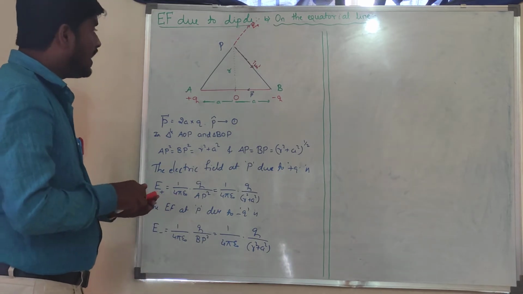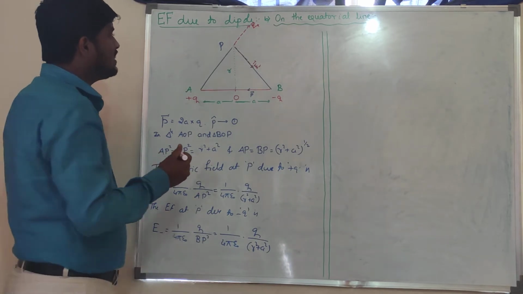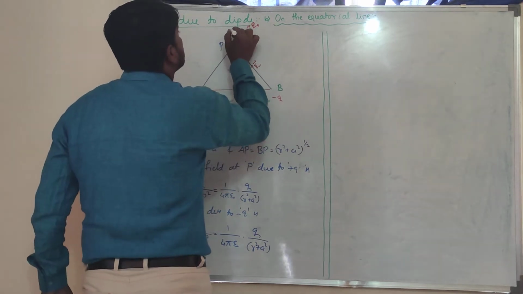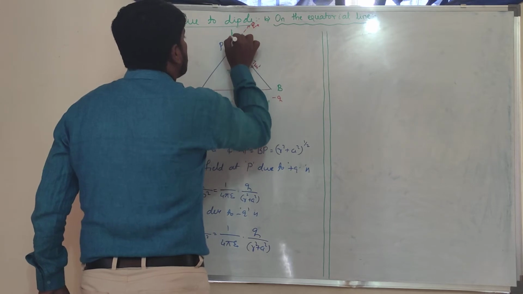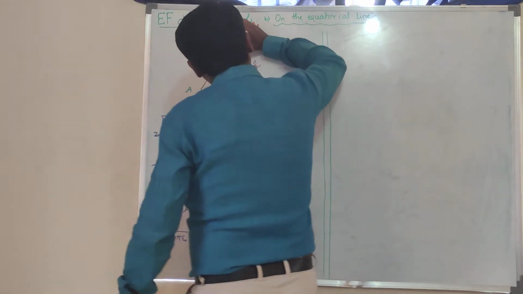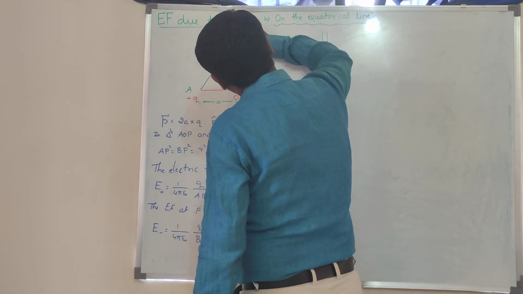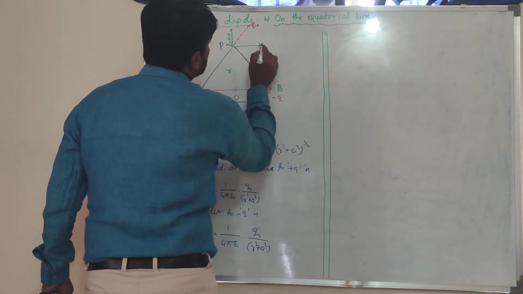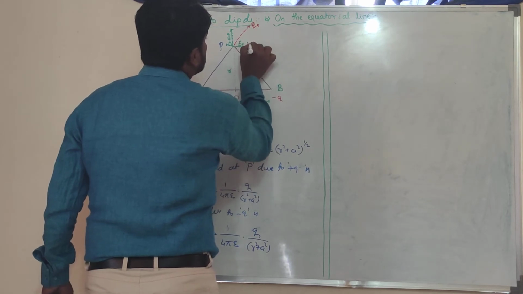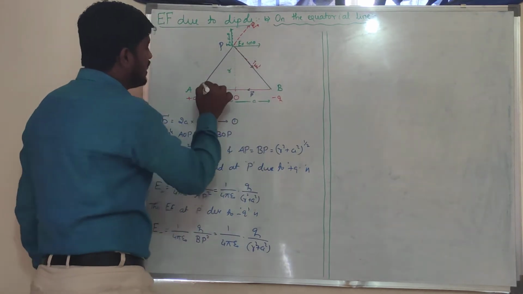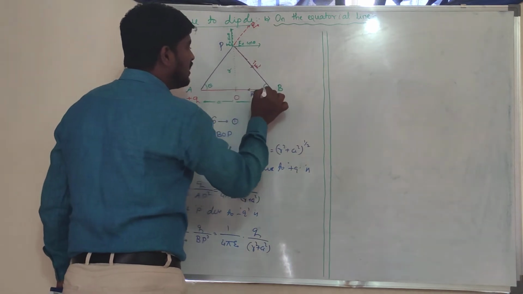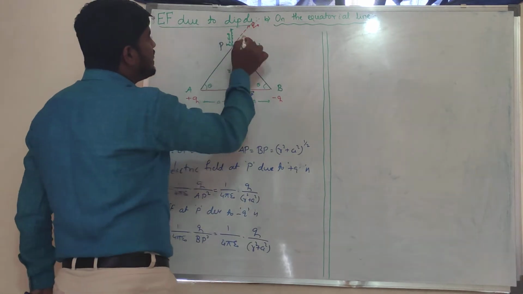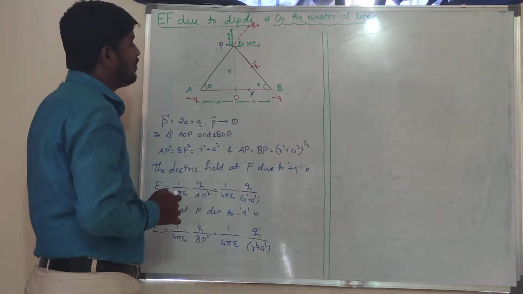Suppose I resolve E plus into its respective components, this becomes E plus sine theta, then this becomes E plus cos theta. You may ask, where is the theta? Because the point P subtends an angle theta at point A and point B. So this is E plus sine theta and this is E plus cos theta.